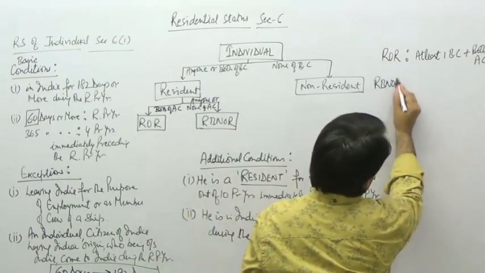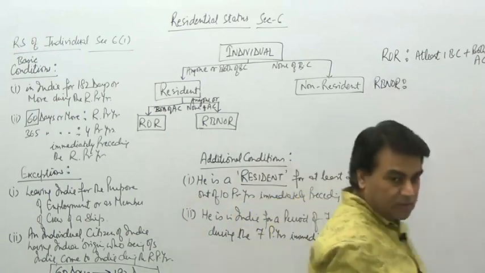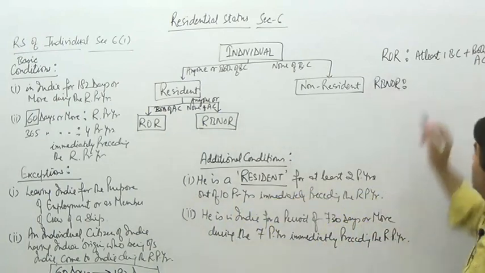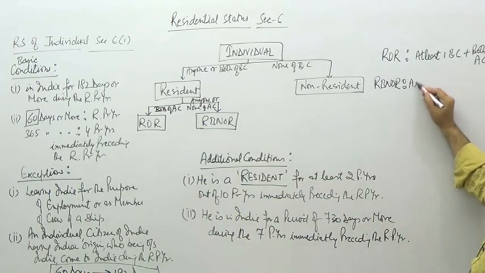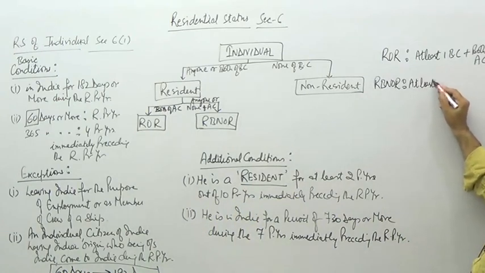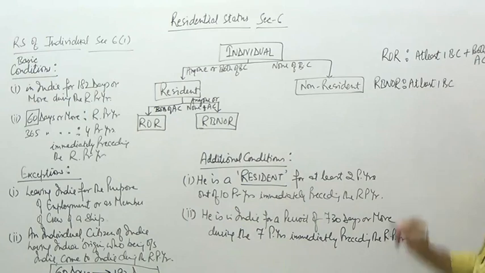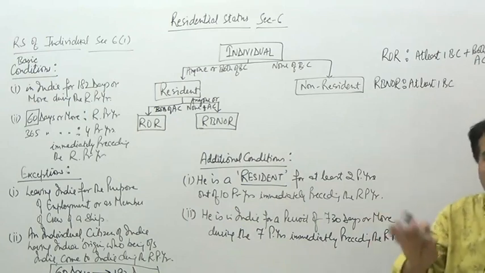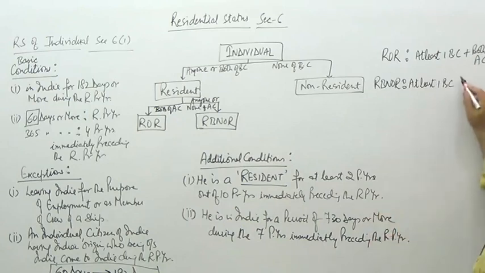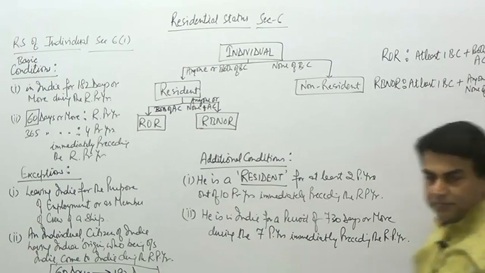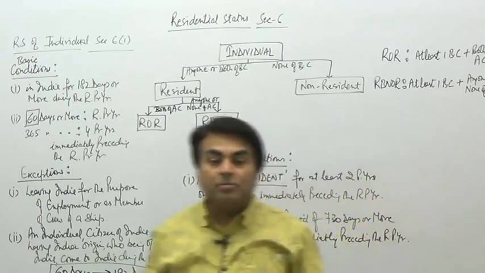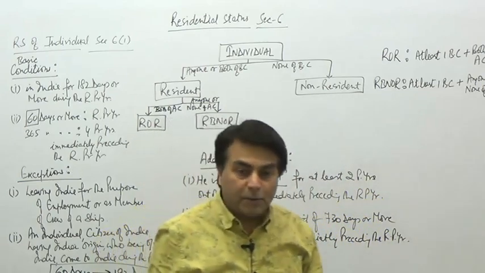When would he become RBNOR? When he is fulfilling at least one basic condition, so he becomes a resident, plus any one or none of the additional conditions. If this is the case, he would become RBNOR.